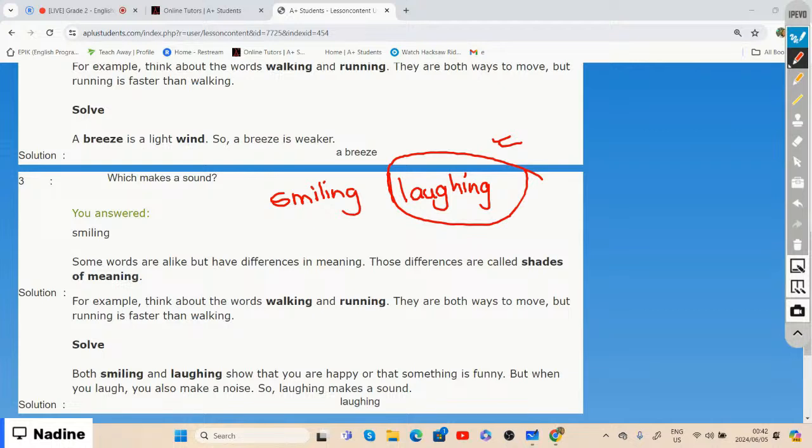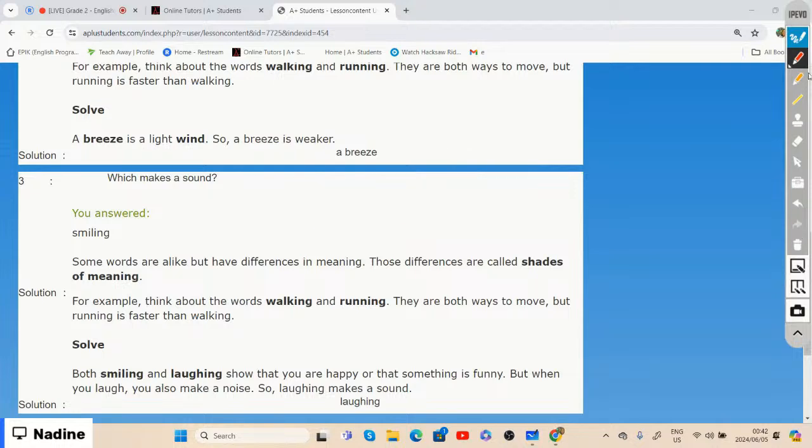Sometimes we even smile at somebody as a form of greeting without saying anything. Both smiling and laughing show that you are happy, or that something is funny. But when it comes to laughing, you make a noise. So laughing makes a sound.